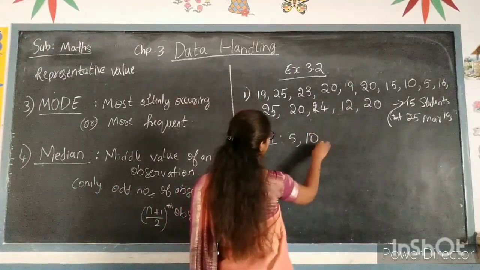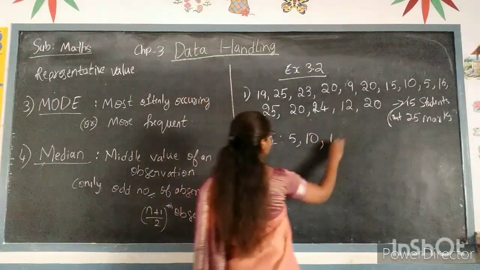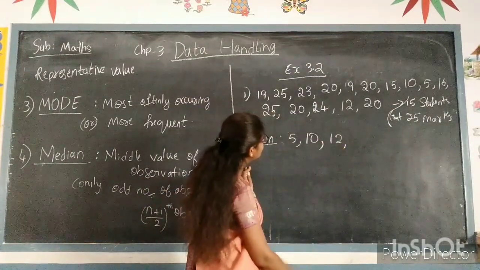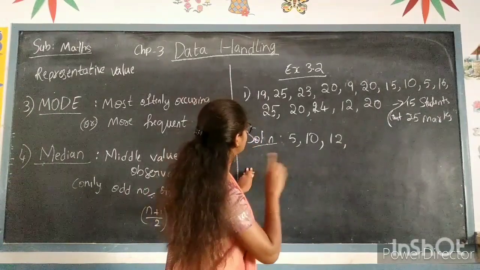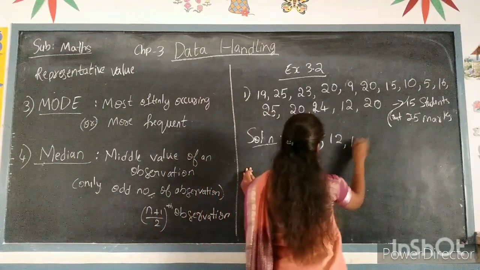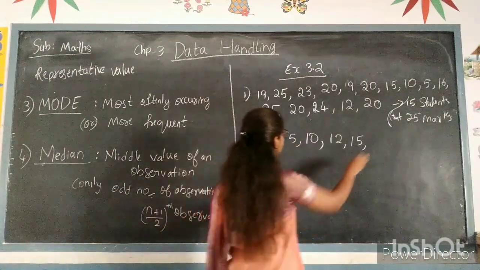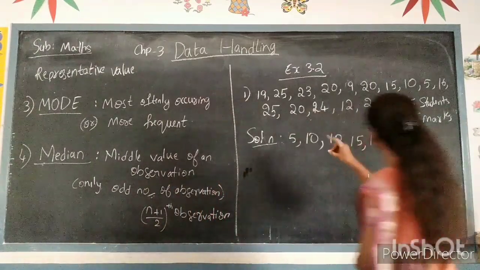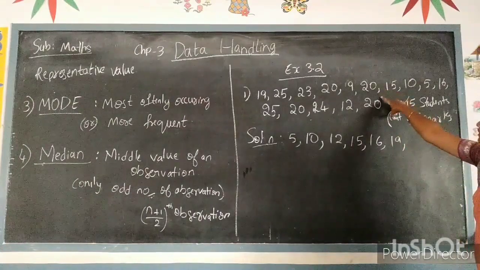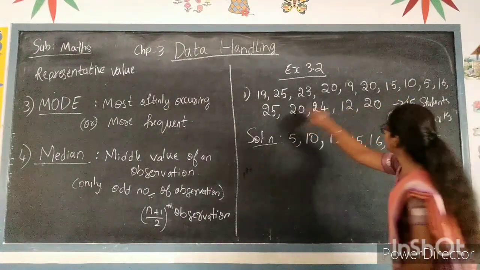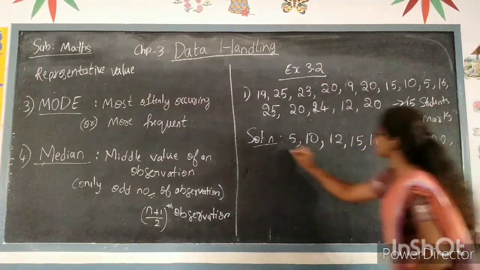It is not repeated. 11 is not there. 12 is there. 13 is not there. 14 is not there. 15 is there, once. 15 and 16 are there. 17 is not there. 18 is not there. 19 is there. 20 is there, 1, 2, 3 and 4 times, so write 20 four times.